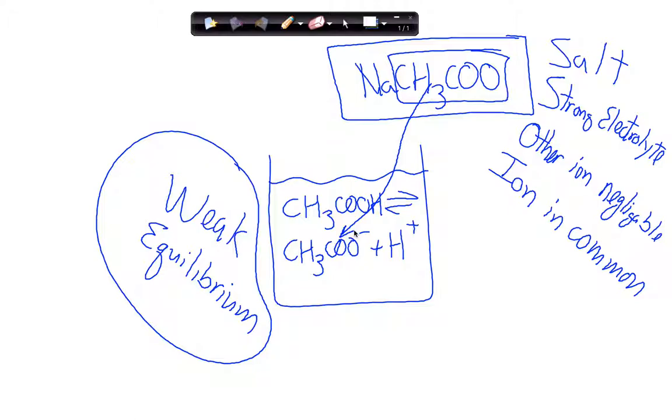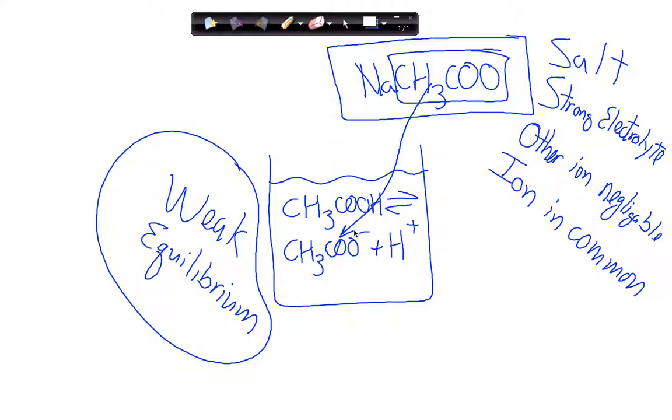Functionally, and guys, check this out, see if this makes sense to you. Functionally, what you're doing is you're making the weak electrolyte weaker. Guys, let that rattle around. If you heard that and didn't engage in that thought, that's important. When you add that common ion salt, what you're doing is making the weak electrolyte weaker.